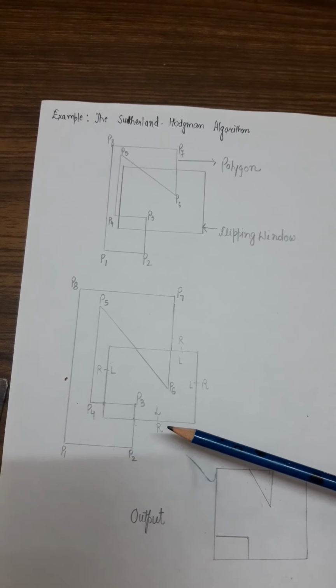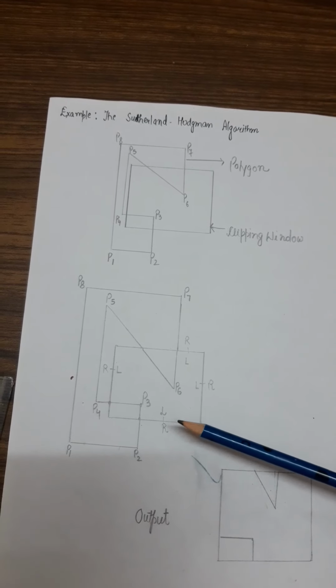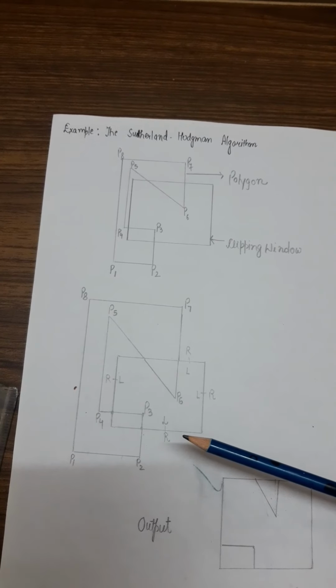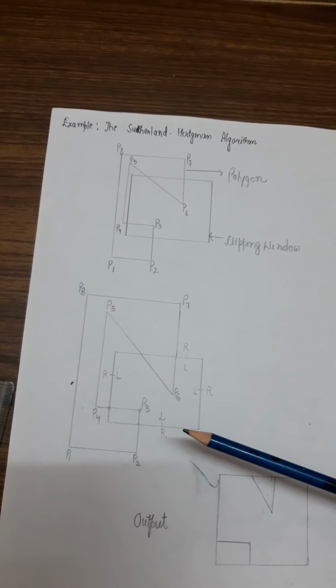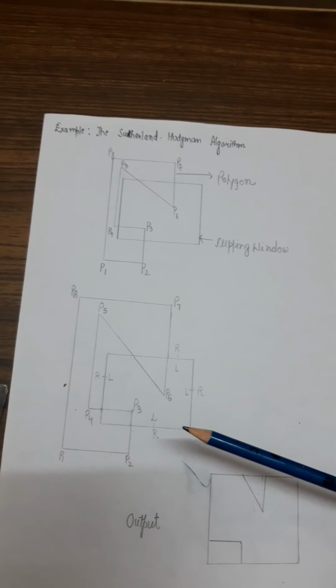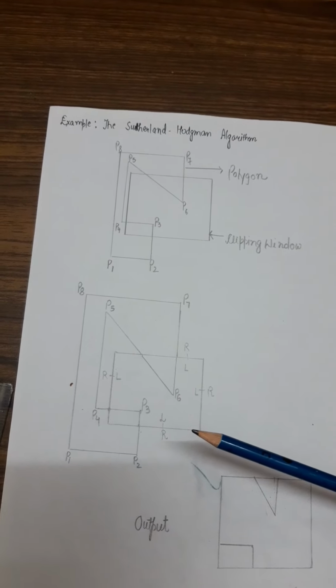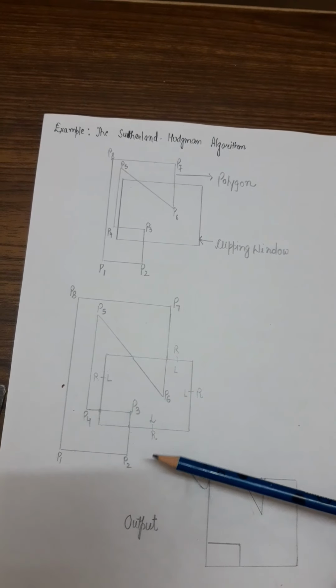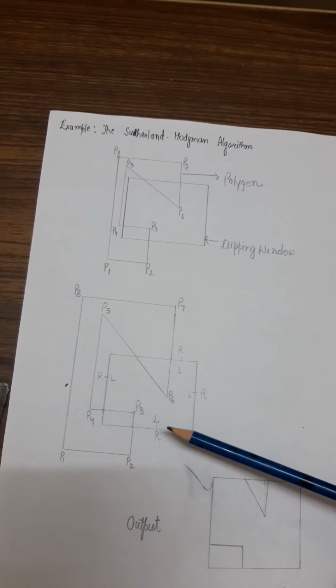When I check P1, P2 against this edge, I find that P1, P2 is to the right of the edge of the clipping polygon. According to the rule, if this happens, then P1, P2 will not be considered, so P1 and P2 are rejected here. Next we take edge P2, P3 against this edge.